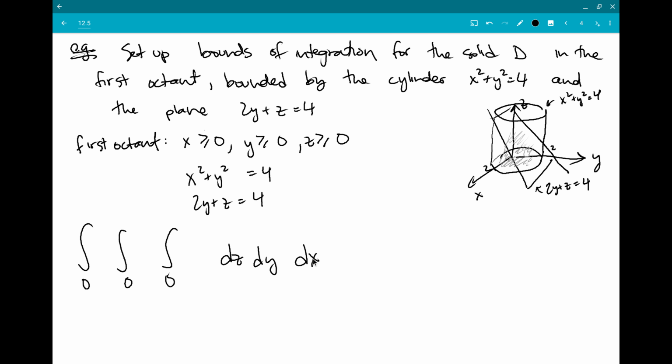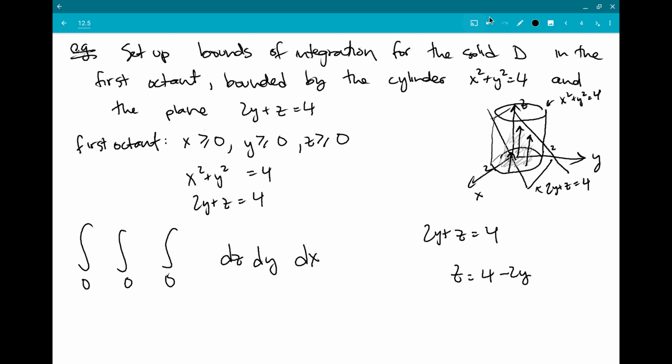Okay, so if I want to set my bounds for z, I look at the information I have, and I find the one thing that depends on z. So I say, okay, 2y plus z equals 4. That was that plane right there, which is the same as saying z is equal to 4 minus 2y. So I start down here in the xy plane, z equals 0, and I go up everywhere to the height of this plane, z equals 4 minus 2y.